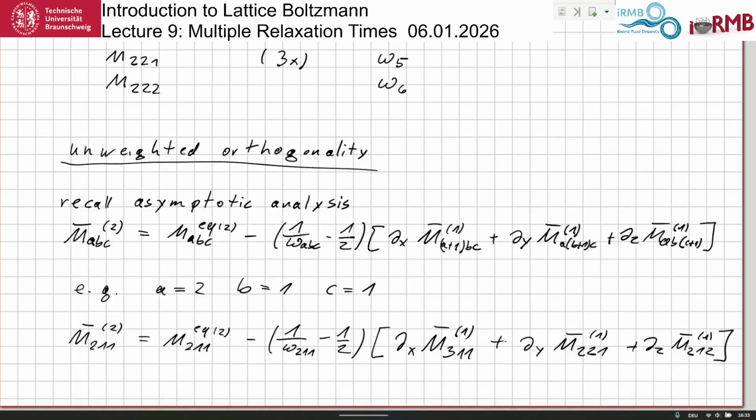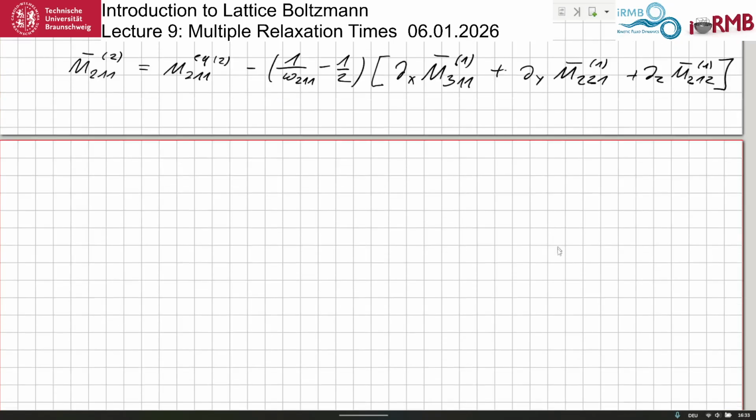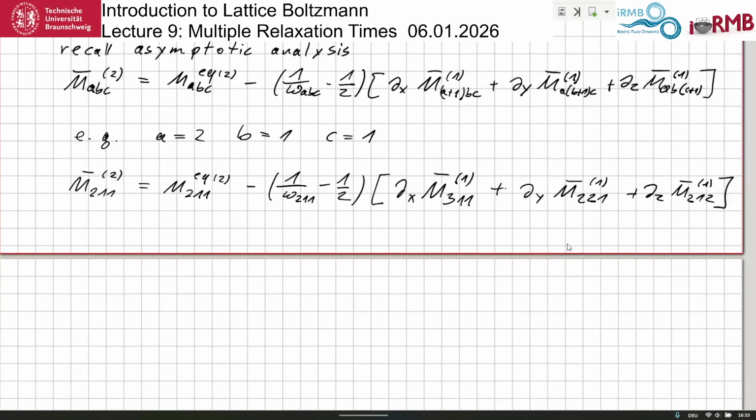So fortunately, we know very quickly how to compute the equilibria here, because you have learned this, so we can factorize this, right?